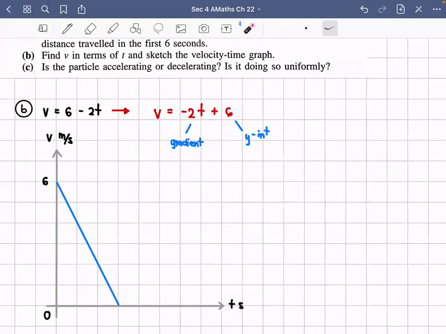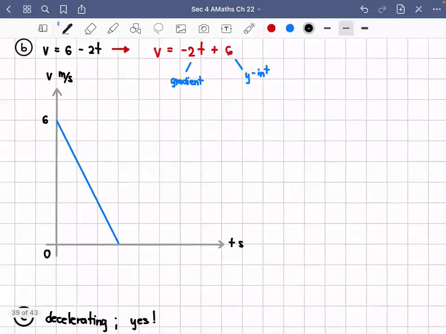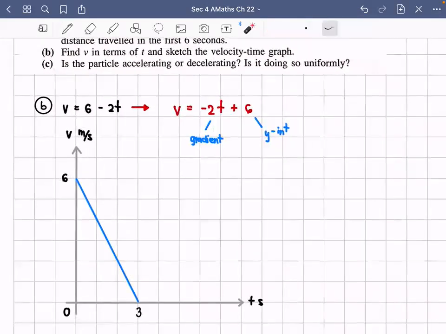Therefore, your next point will be right here. So I just extended that line to reach the t axis. So this is 3 seconds, right? Okay, so that's letter B. So you have sketched your velocity time graph.